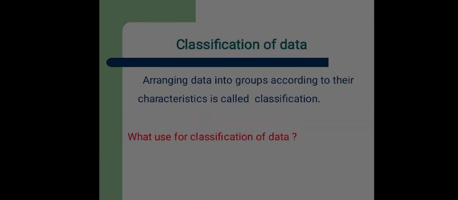Classification of data: the process of arranging or grouping data according to some common characteristics possessed by the data is called classification.